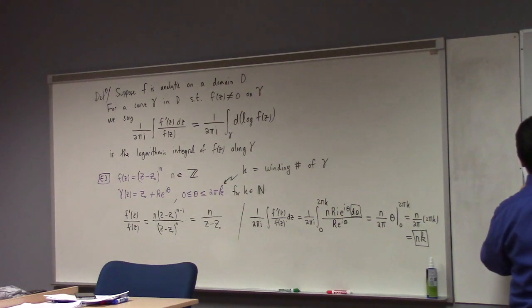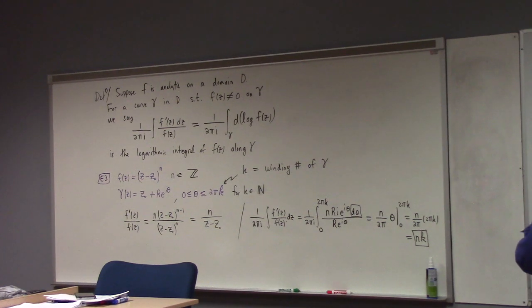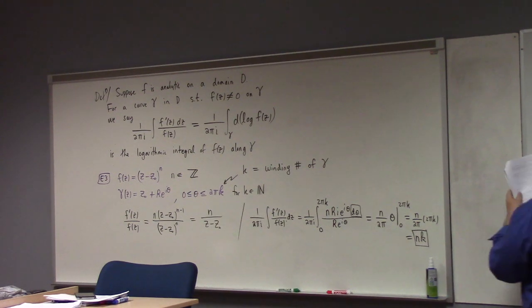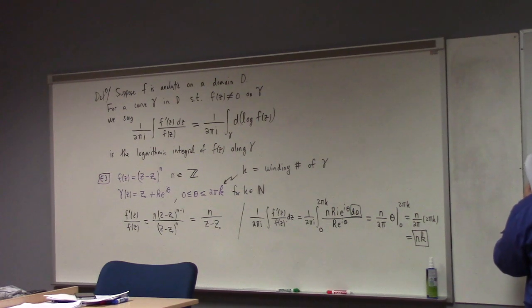Let D be a bounded domain with piecewise smooth boundary, and f meromorphic. What did that mean?